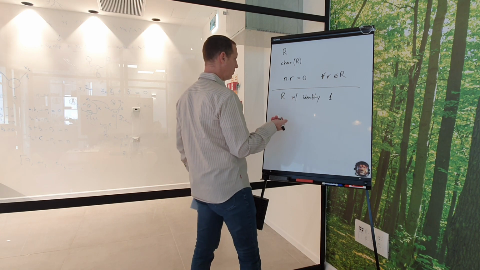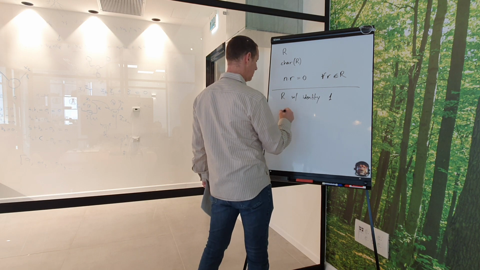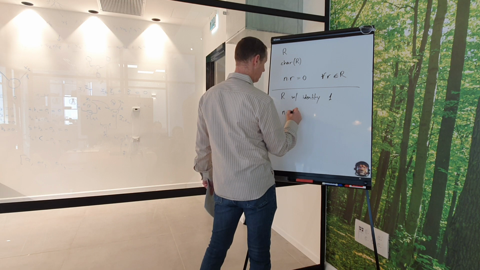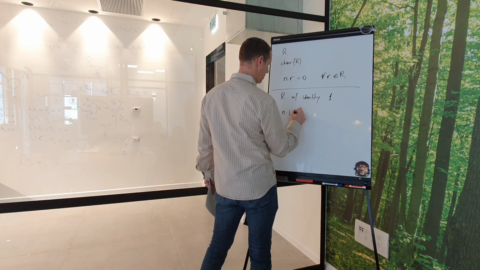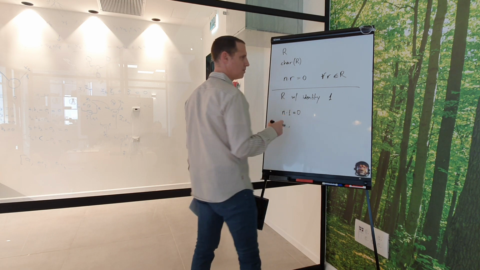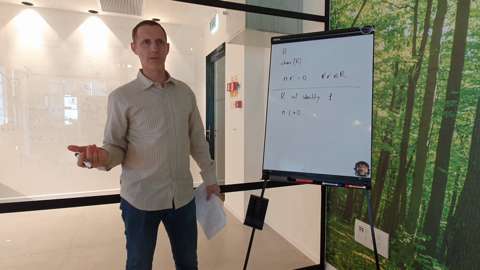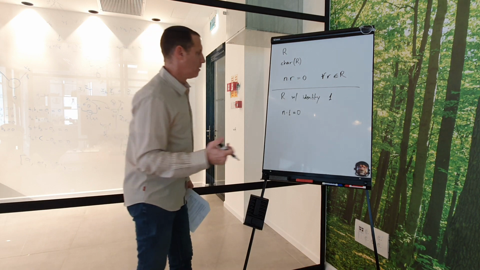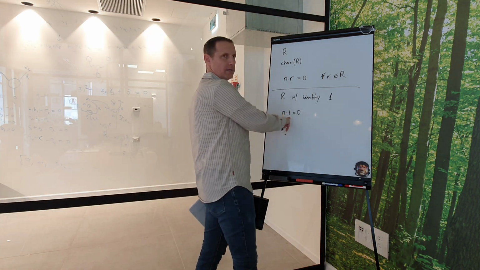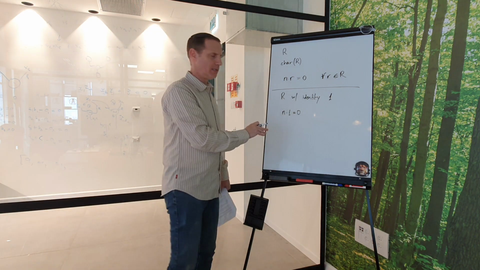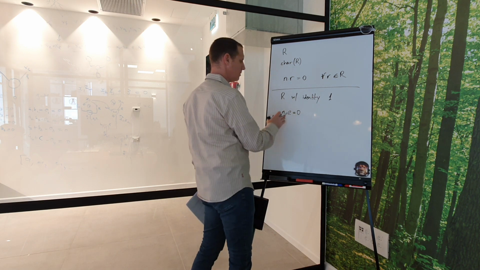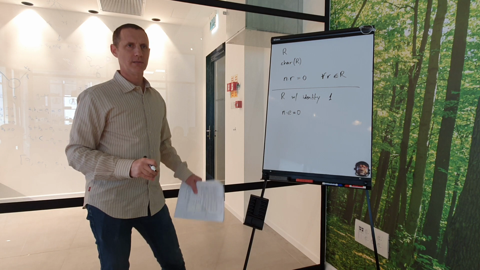Then all we need to do is say n times 1 equals 0. So how many times do I need to add 1 to itself to get to 0? Okay. Here 1 is not necessarily the integer 1, it's the identity, right? So maybe it would make more sense to write it like that.